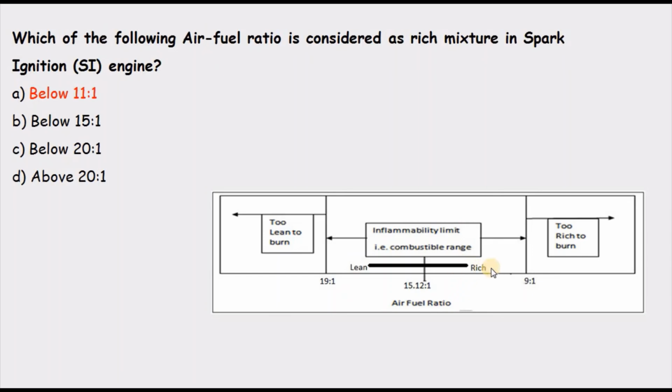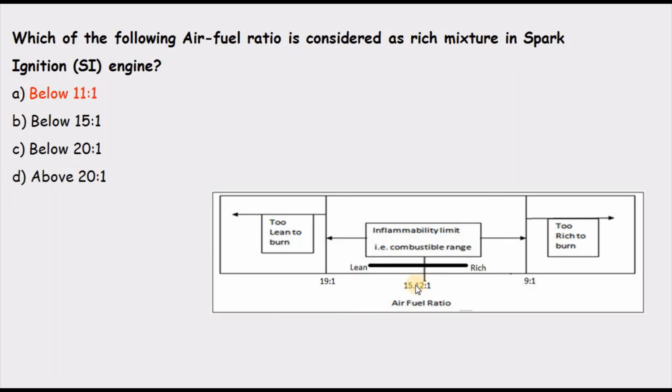That is, here on the richer side, fuel is going to be more, and on this side, air is going to be more. So when we say rich, this 15 is going to decrease, so the amount of air is going to become lesser, and fuel is comparatively going to be more, and such a mixture is what we call a rich mixture.